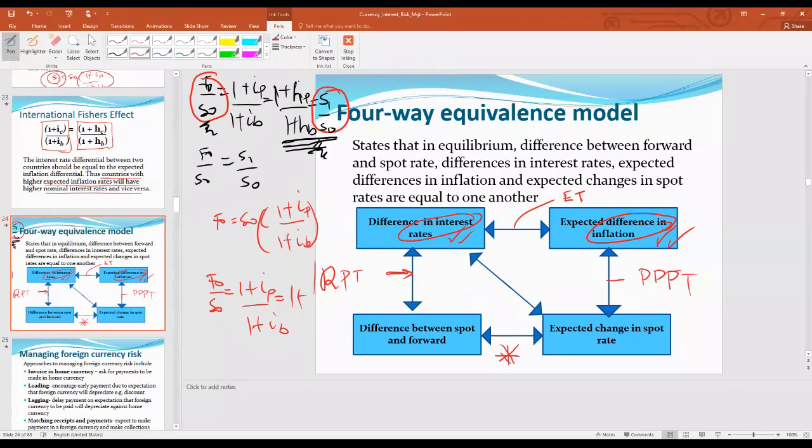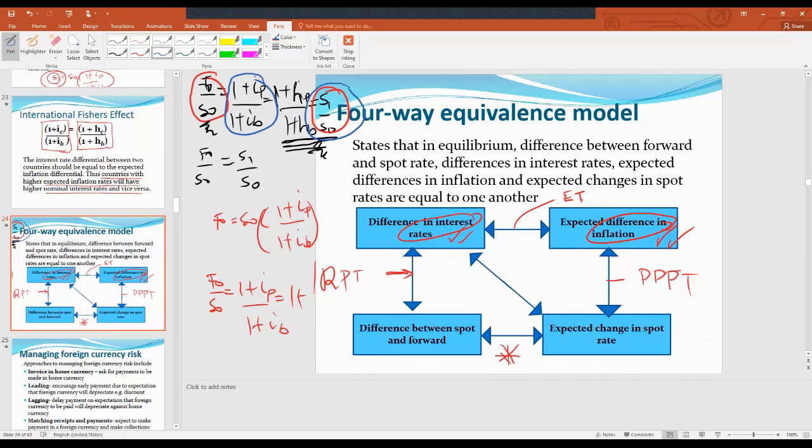And lastly, we can say that the difference between the spot rate, the current and the future, can also be explained by the change in the interest rate.